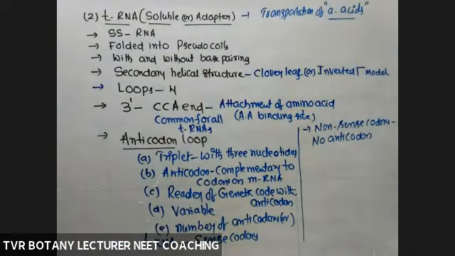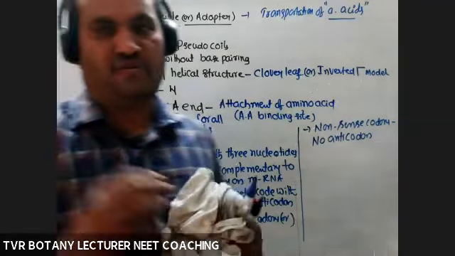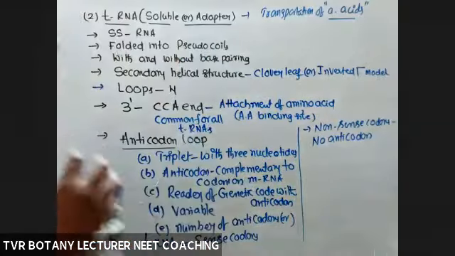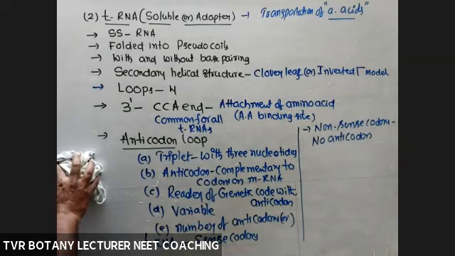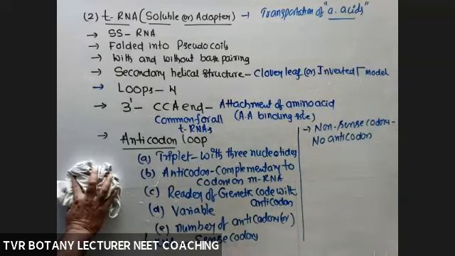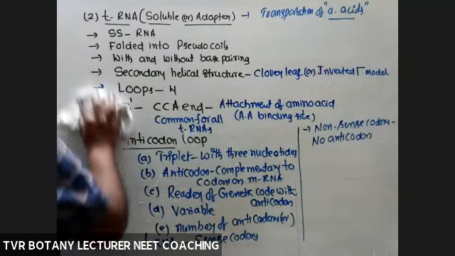Now, what about a ribosome? The structure of the ribosome is well known to you. Here we are going to discuss the function of the ribosome, the functions performed by the ribosome at the time of translation.